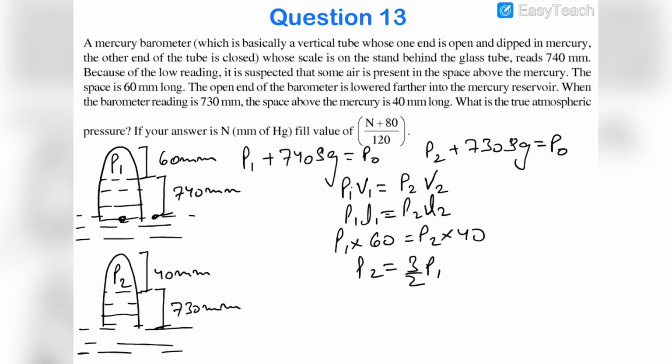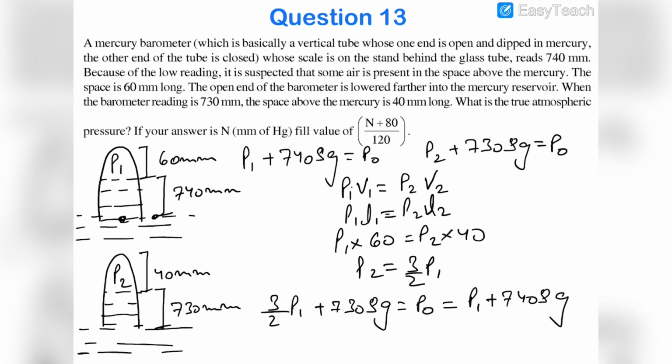So substituting this value in this equation, 3 by 2 P1 plus 730 rho g is equal to P naught, and that is equal to P1 plus 740 rho g. So P1 by 2 is equal to 10 rho g, and P1 is equal to 20 rho g.